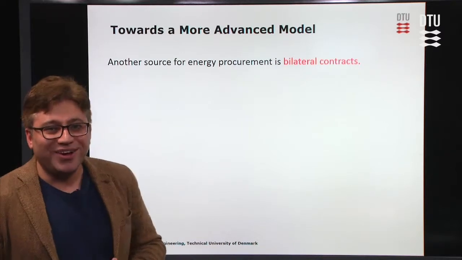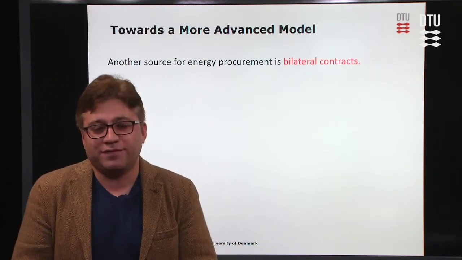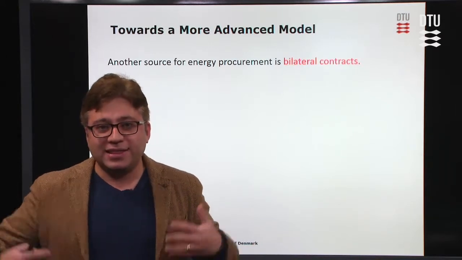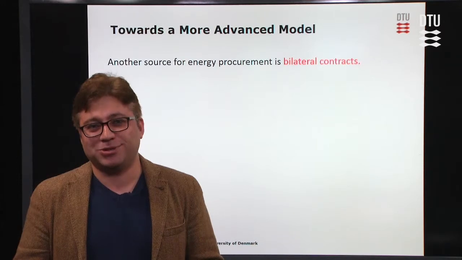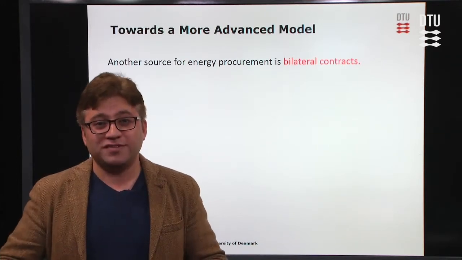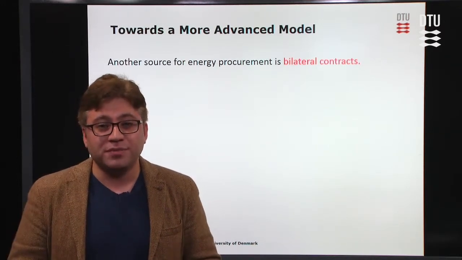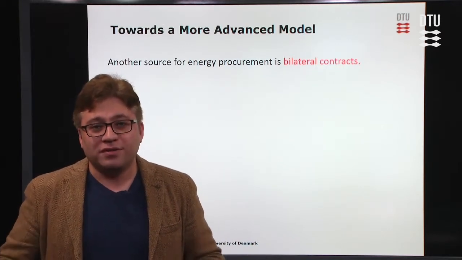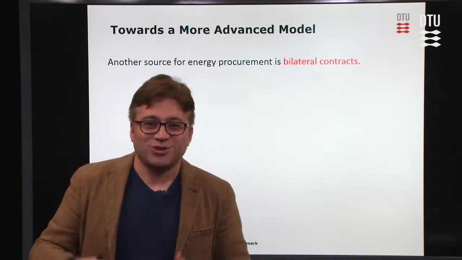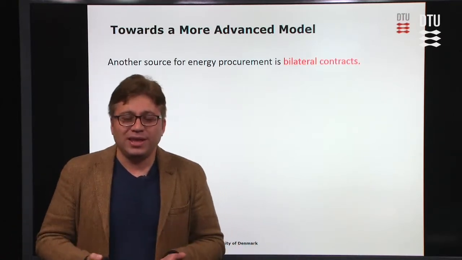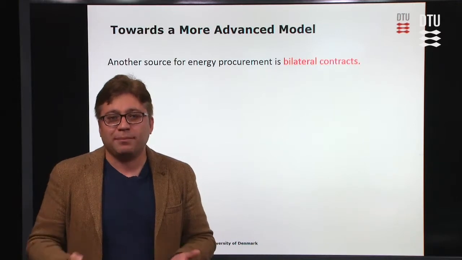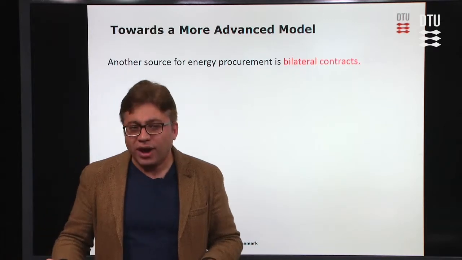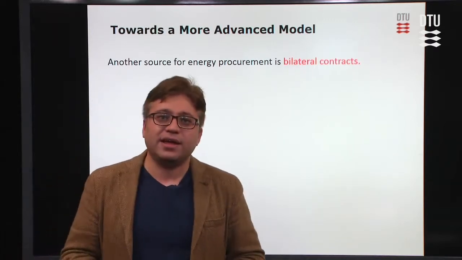Good. Now, for the last step of complication in this lecture, let me add one last complication to our optimization problem, which gives more degrees of freedom to the large consumer to buy its required power from different resources. So far, we assume that the only source from which the large consumer can buy the power it requires is the hourly markets, for example the hourly day-ahead market.